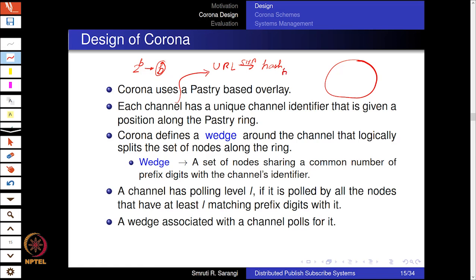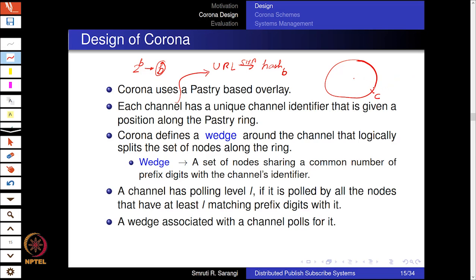So this hash is in base b, and for every such hash value, we can find a position for it in the ring. So the channel can be positioned over here. So the nearest node, right?